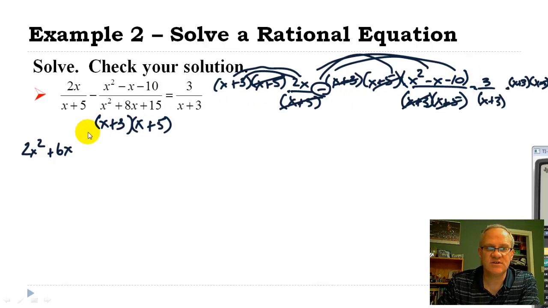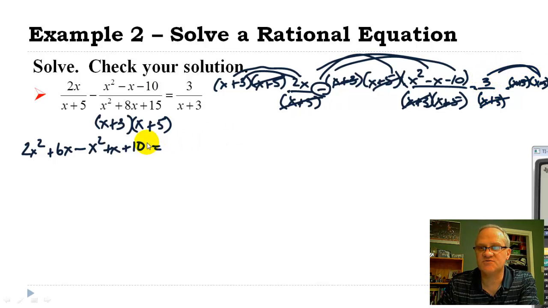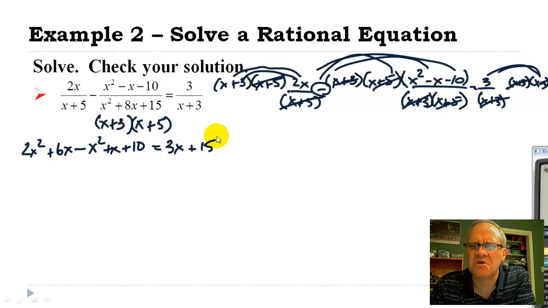So that's going to be minus x squared, minus a negative is plus x, and then minus a negative is plus 10, equals, and then this x plus 3 cancels that x plus 3, and then we just distribute the 3 to the x plus 5, so that's going to be 3x plus 15, I think.